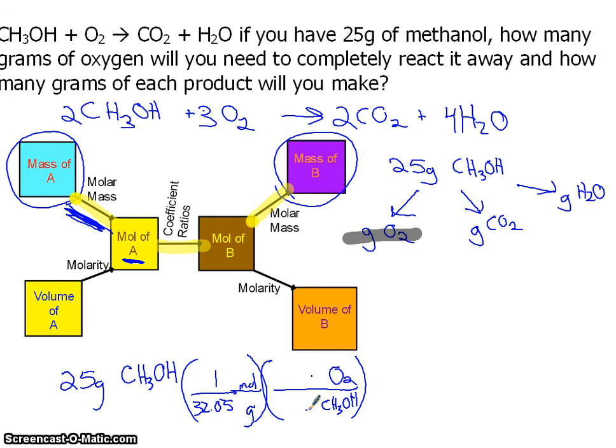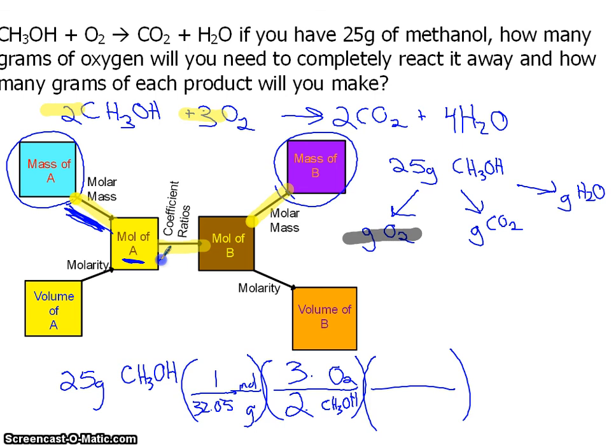I look back at the reaction. So when I look back at the reaction, 2 CH3OHs needs 3 O2s. So it's 3 O2s for every 2 CH3OHs.